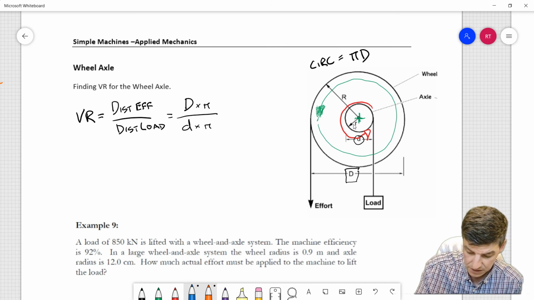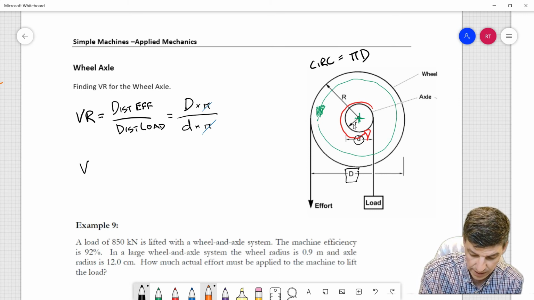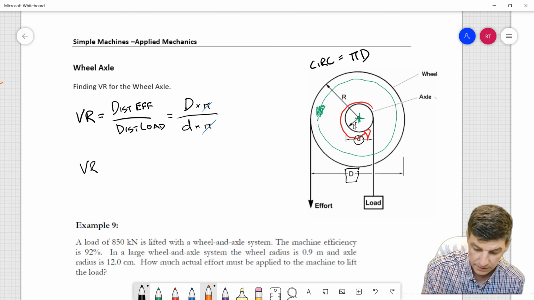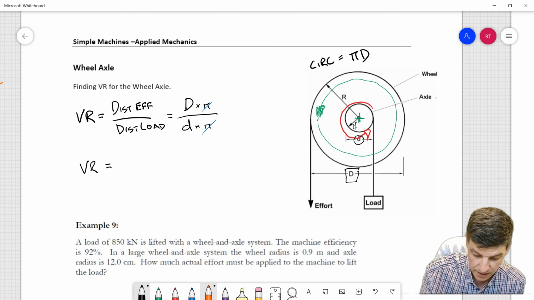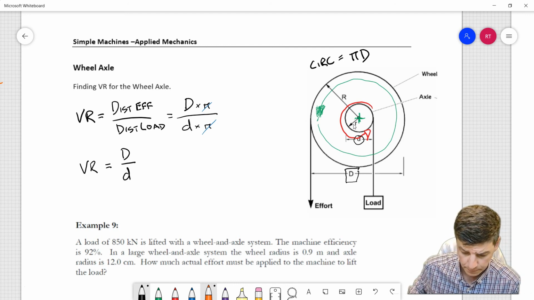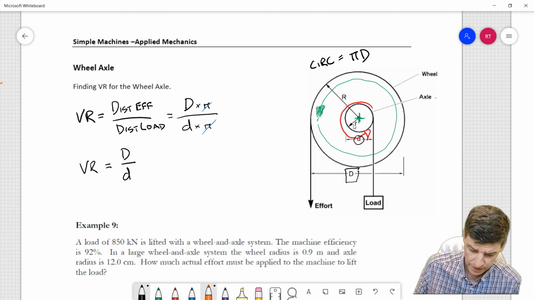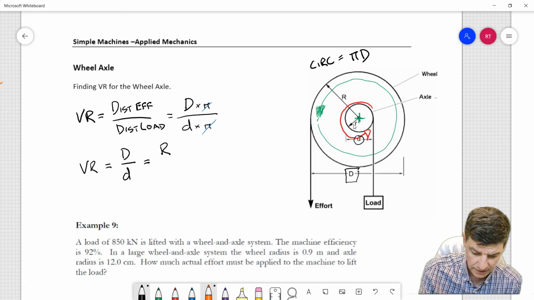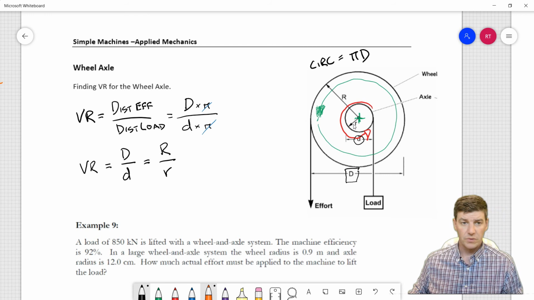The pi on the top and the bottom are going to cancel each other out. And so what I have for VR for a wheel and axle is a ratio of D upon d. Also, if you're given a radius, it would be a measure of the large radius compared to the small radius.